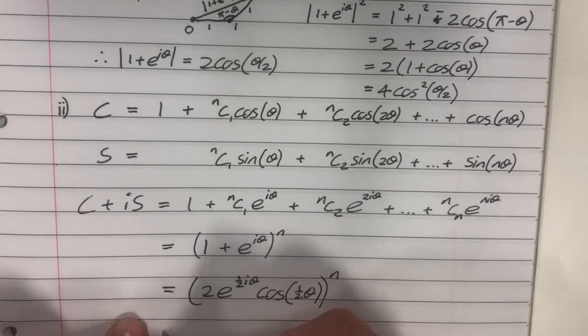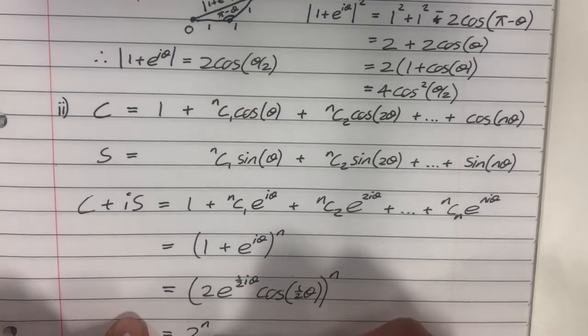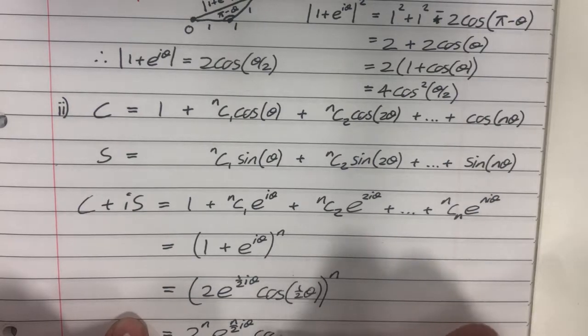Now I can apply the n. So that's going to be 2 to the n, e to the n on 2 i theta, cos to the n of a half theta.